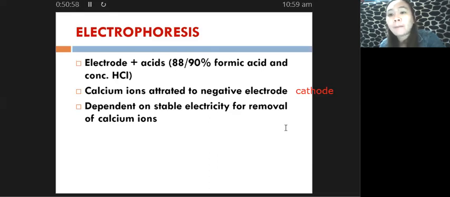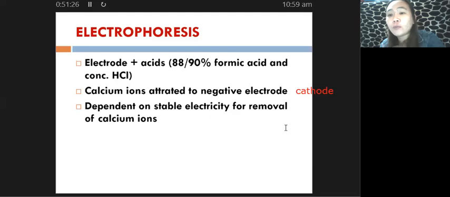Another disadvantage of your electrophoresis, since it is an electrolytic method, is the consequent production of heat, or an increase in temperature.